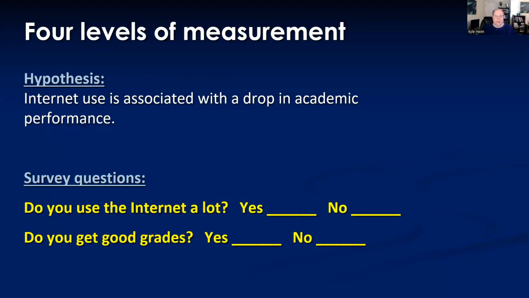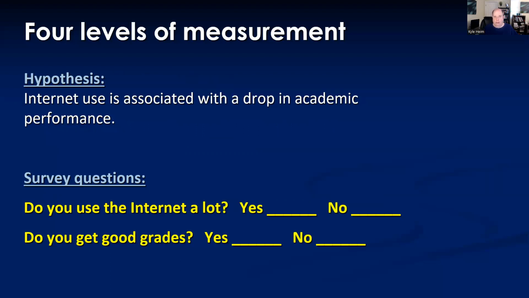So let me show you some examples of this at work. Let's say you are a researcher posing this hypothesis: Internet use is associated with a drop in academic performance. So there are 2 variables there, an independent variable, which is the cause, which would be internet use, and a dependent variable, academic performance.